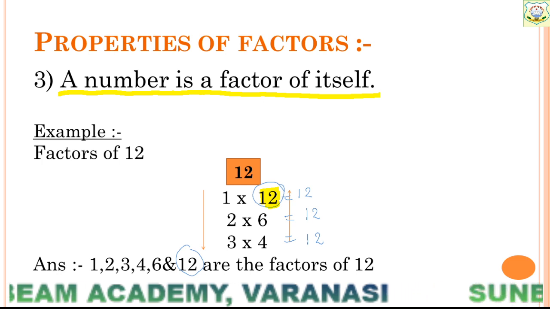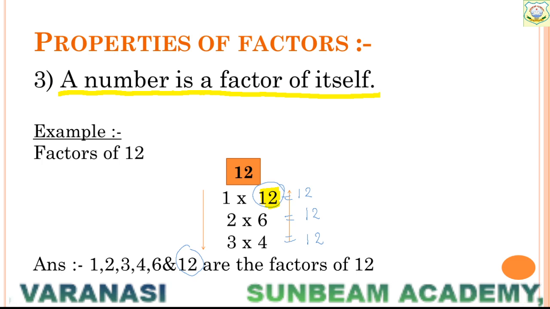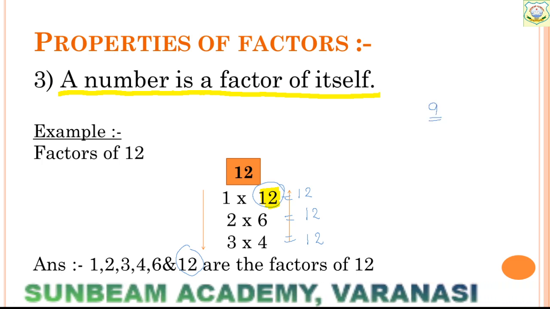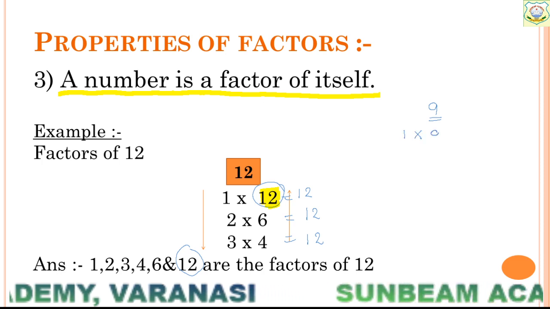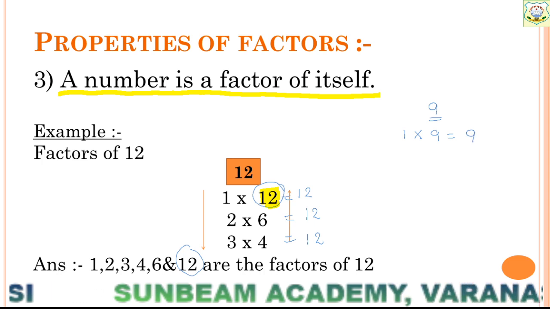So now let's take one more example. For example, I am taking a number 9. So let's write the factors of 9. 1 multiplied by 9 is equal to 9. Then it doesn't come in the table of 2.